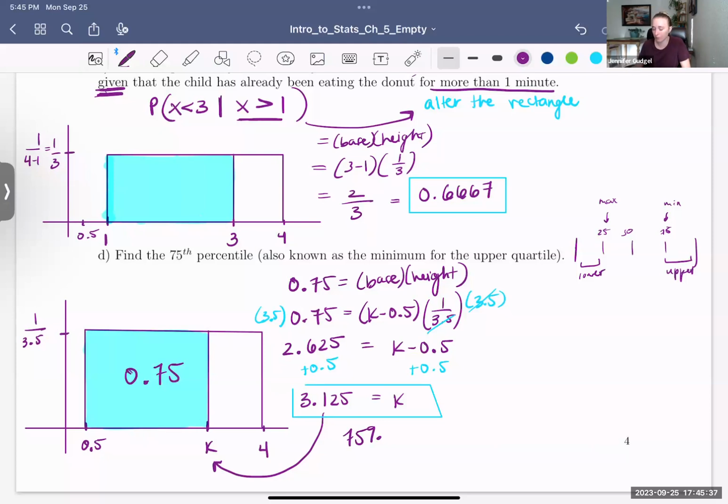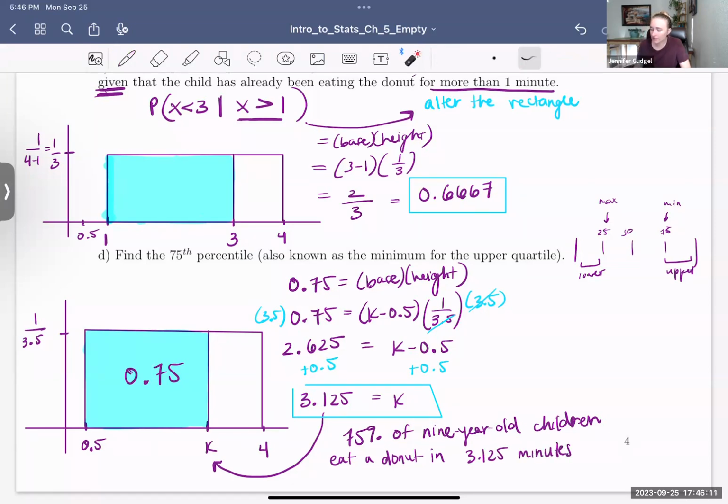So 75% of 9-year-old children, and what was I talking about in this problem? I was talking about kids eating a donut in a certain amount of minutes, all right? Not 75% of 9-year-old children eat a donut or finish their donut in 3.125 minutes. There's our units.